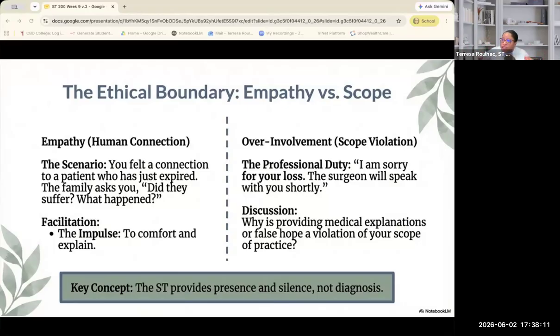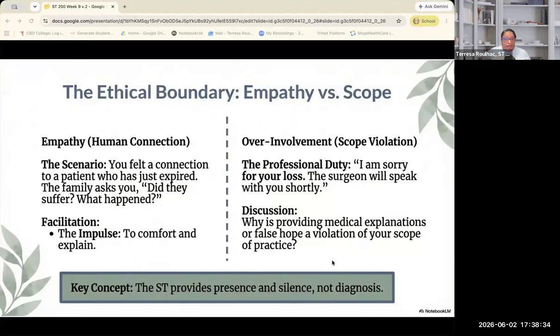Giving them the wrong information is out of our scope of practice. Excellent. Exactly. We are not licensed to give medical advice to the patient or their family members. It's a legal risk. Sometimes we could be giving them incomplete information. We could be undermining our surgeon's role.